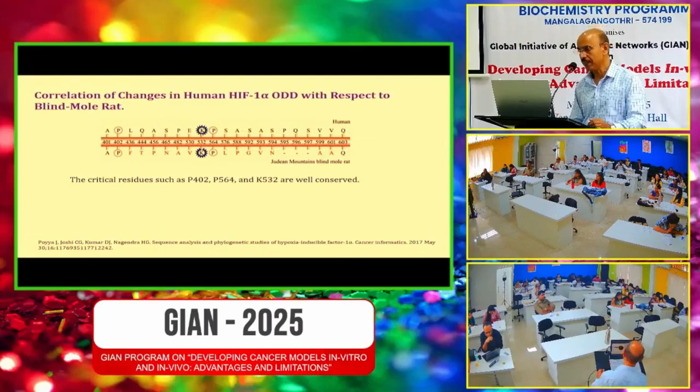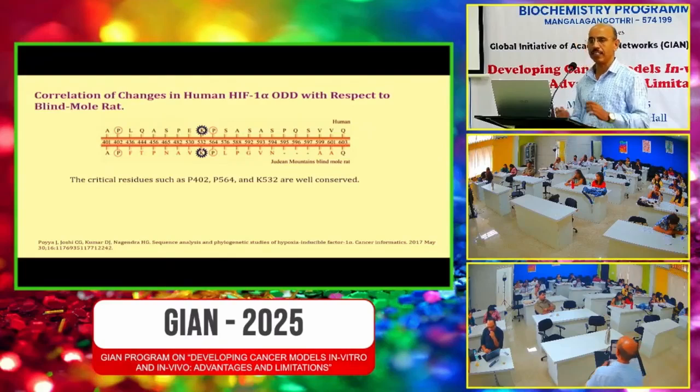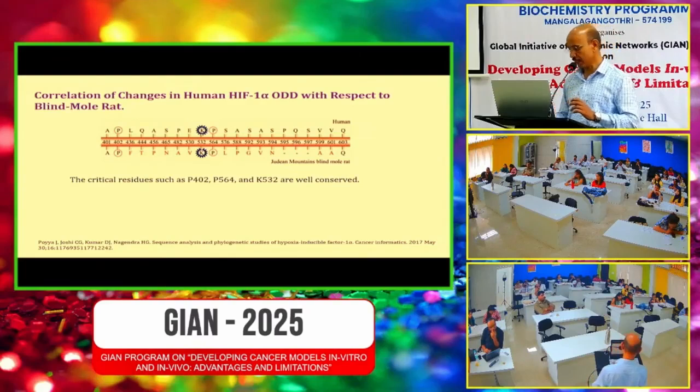We found that there are certain key residues which I have marked here that were one and the same. And there are certain residues where there was a difference between humans and the blind mole rat, indicating that these residues may be playing a role in the way the organism responds to oxygen.